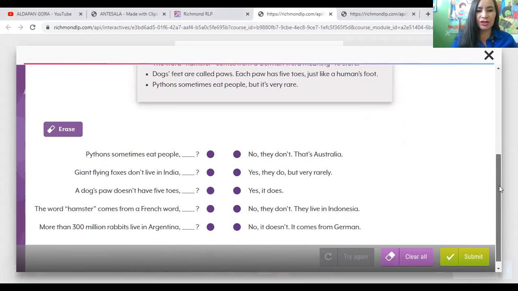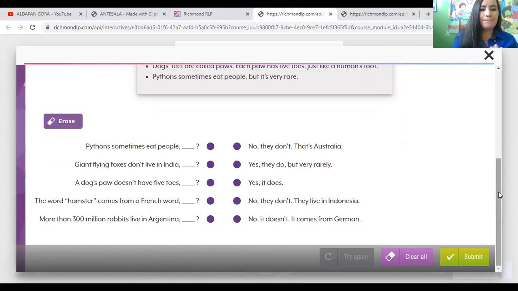According to this information, what is the answer? Pythons sometimes eat people. What is the answer? Think and tell me. Yes, they do, but very rarely. Perfect. This is the answer.